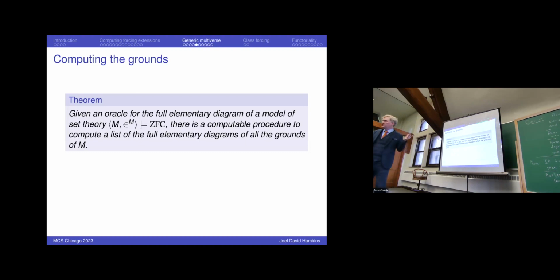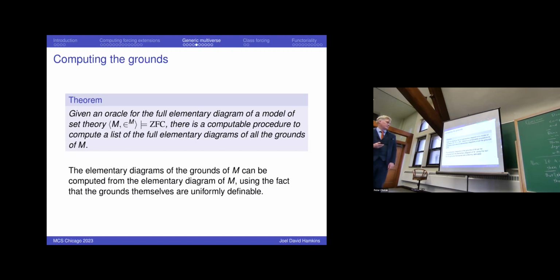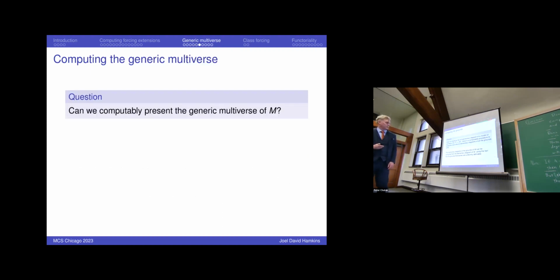But here that's not true. So now I have to do more work, and I have to consult a forcing relation and so on, in order to get the full diagram of the grounds. Okay, but you can do it. The grounds are uniformly definable, so any truth assertion made in a ground is just some other more complicated assertion made in the forcing extension of that ground.